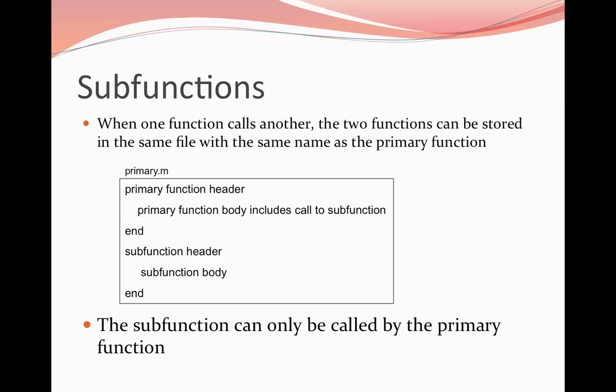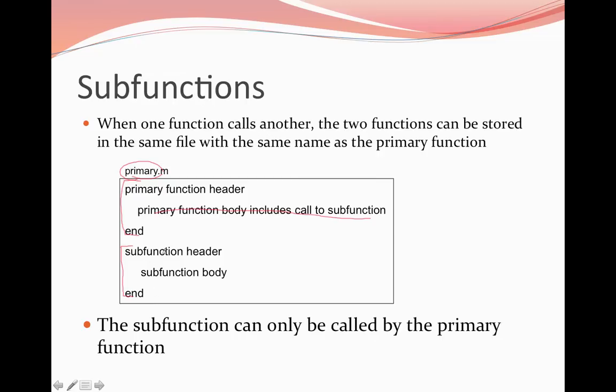So one way that you can cut down on the total number of M files used is if you have the case in which one function is calling another, then you can make the one that is being called a subfunction. So both of them are stored in the same M file. So we have what's called the primary function, and that is stored in an M file with the same name as the primary function. The primary function body includes a call to the subfunction. So within the same M file, we have the subfunction. So notice it's the primary function in its entirety, followed by the subfunction in its entirety.